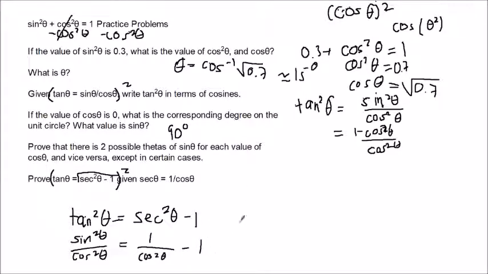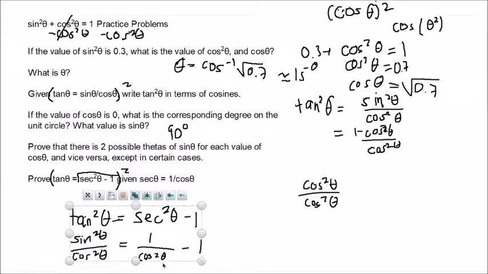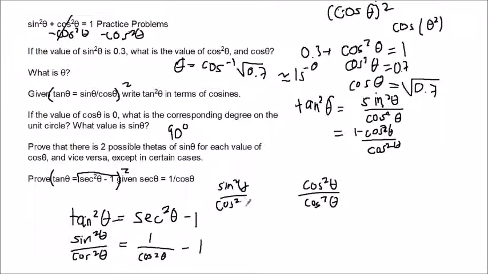So we can change our 1 into cosine squared of theta over cosine squared of theta. Okay, this is really annoying. I'm going to have to rewrite it. So sine squared of theta over cosine squared of theta is equal to 1 minus cosine squared of theta over cosine squared of theta.